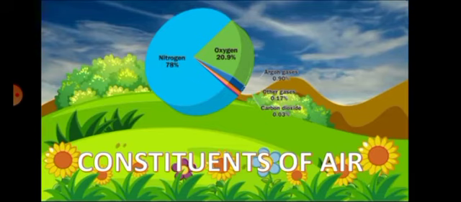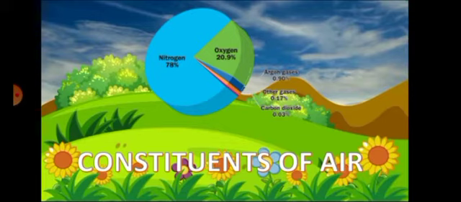Next, composition of the atmosphere or constituents of air. Do you know, children, that the air we take in while breathing is actually a mixture of many gases? Nitrogen and oxygen are the two gases which make up the bulk of the atmosphere.